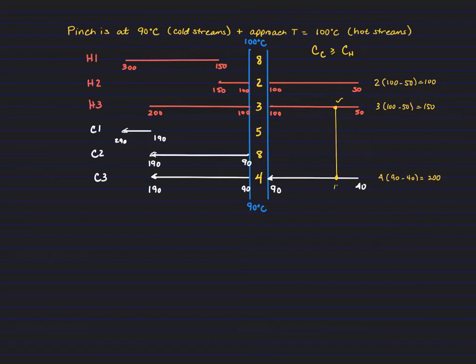So I'll only be able to remove 150 kilowatts. So I need to figure out what that temperature is. If T minus 40 times 4 is going to equal 150, then I need T to be 77.5.